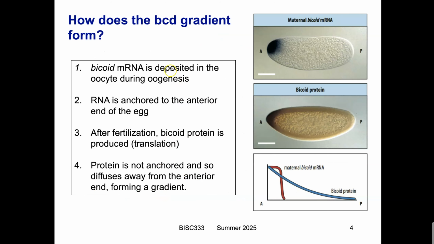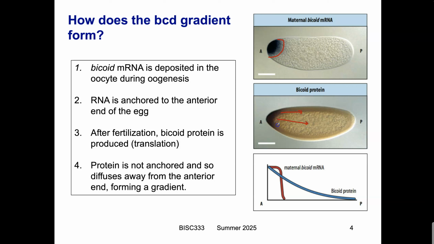Okay, so how that gradient forms, I've already mentioned. The RNA is affixed to the anterior inside of the egg, which at this point, remember, is just one big cell. And right after fertilization, translation begins, but it doesn't all get translated at the same time. It takes time. And so as the protein is being produced, some of it can start diffusing away from, it's now free, it's not stuck anymore.